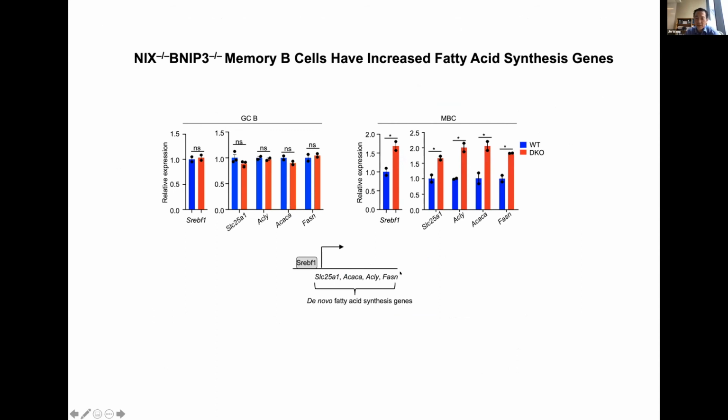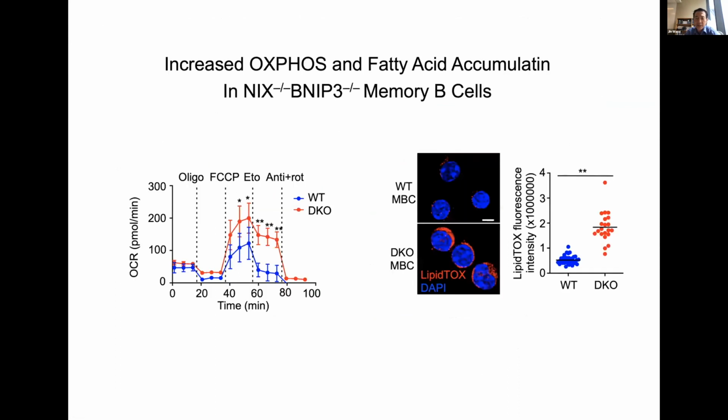We looked at the different fatty acid synthesis genes, and they are all upregulated in the memory B cells with defective mitochondrial autophagy. Then we did the Seahorse analysis and found that autophagy deficient memory B cells have much higher oxidative phosphorylation, and they produce more fatty acids.